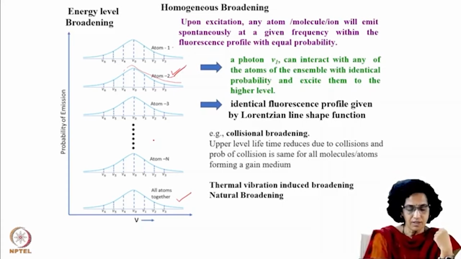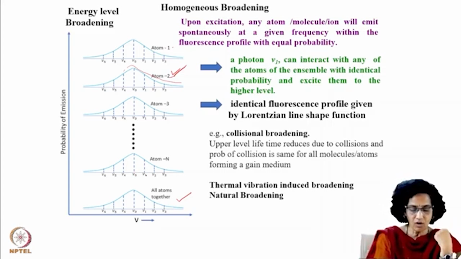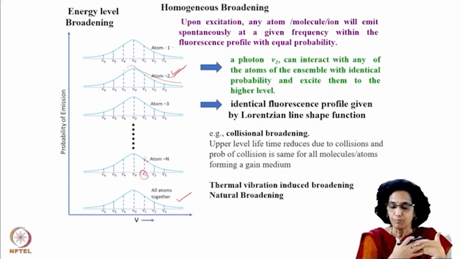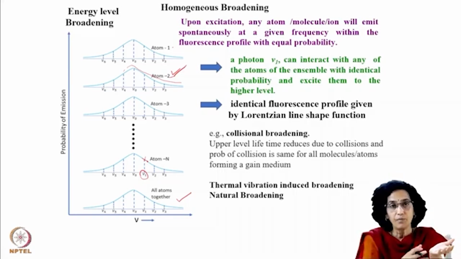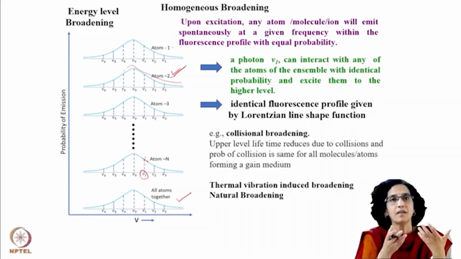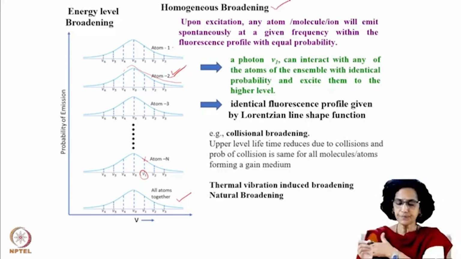Conversely also, suppose you have species in the ground state, and if it is shone upon by photons, say of frequency nu1, then the probability that it will get excited is this, which is the same for all species. So the probability that a photon of a particular frequency will interact with any of the atoms or molecules of this particular ensemble is identical. And therefore, such kind of broadening is called homogeneous broadening.